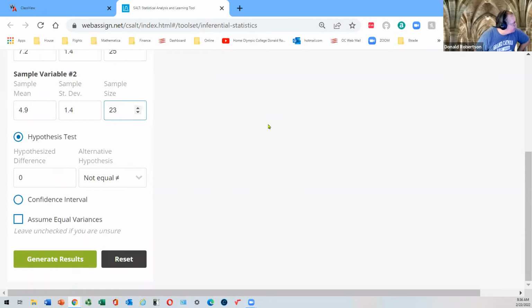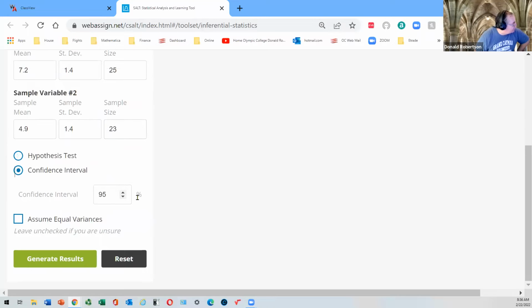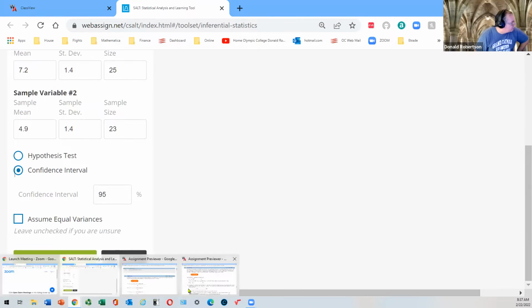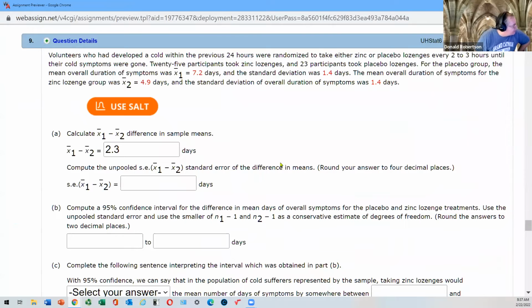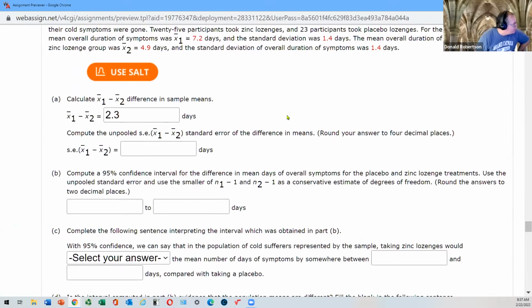And we are doing a confidence interval. Now we have to decide, is this a pooled or an unpooled one? I believe the picture is gone and I won't be able to get it back unless I go somewhere else. Here we go.